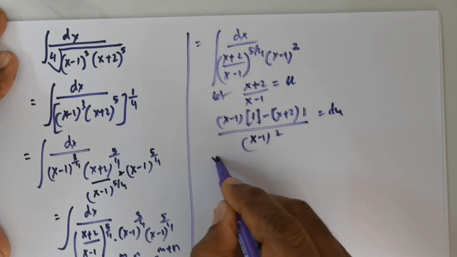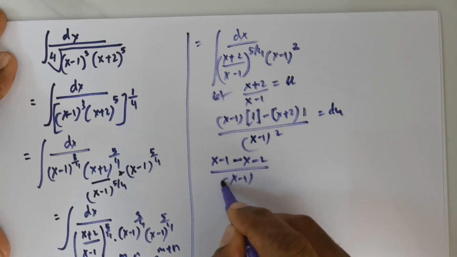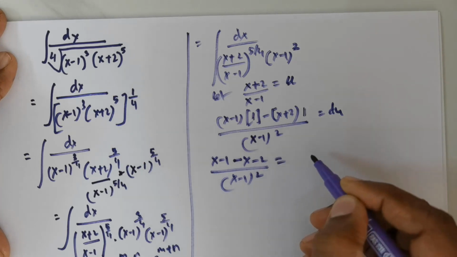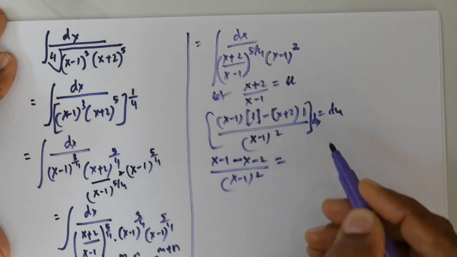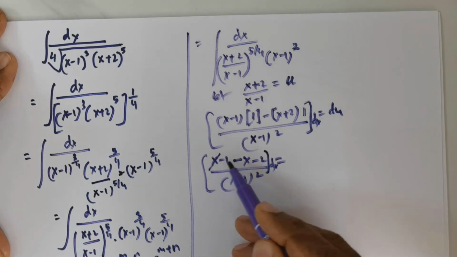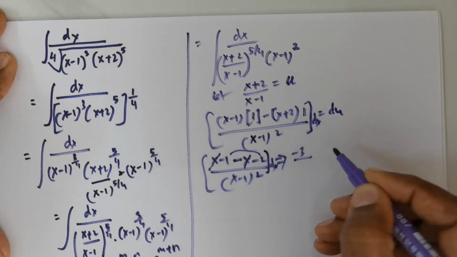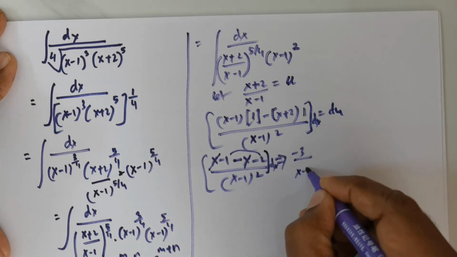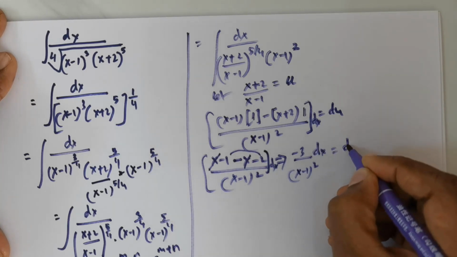So this gives (x − 1) minus (x + 2) divided by (x − 1) raised to the power of 2, and of course you have this dx, the differential operator, there. Now the positive x and negative x get cancelled, giving me −3 over (x − 1) raised to the power of 2 times dx is equal to du.